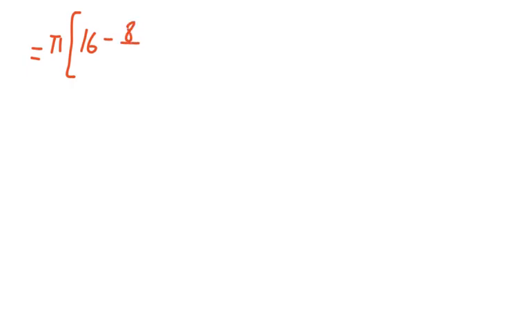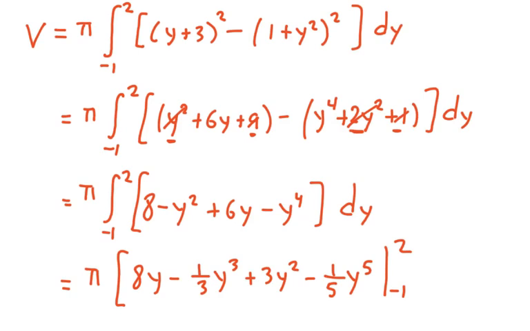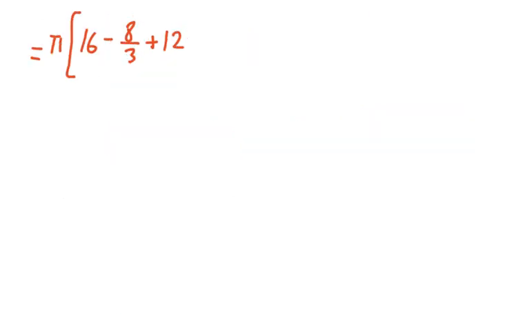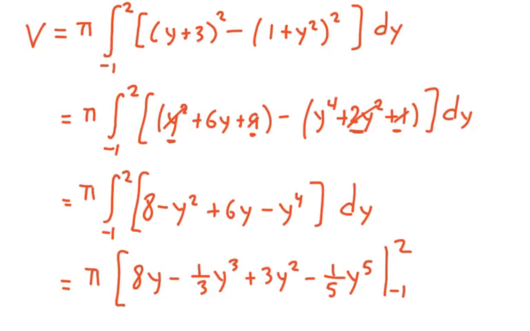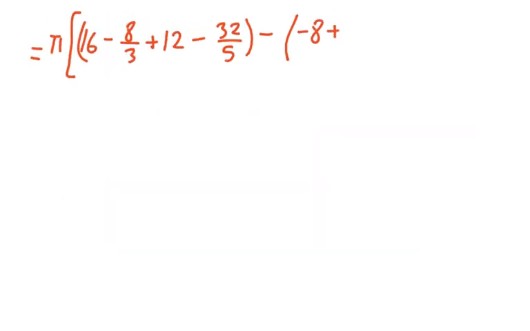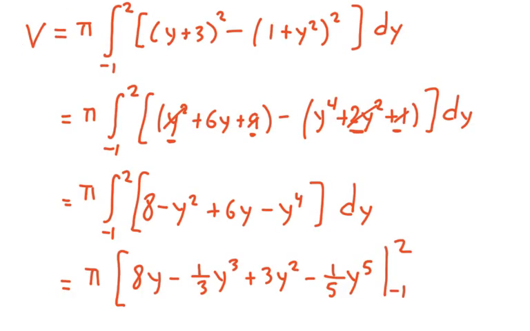And then when I plug in 2 here, I get minus 32/5. And then I'm going to go minus, and I'm going to plug in -1, and I'm going to get -8 plus 1/3 plus 3 so far, right? I just plugged in -1 for y. And then when I plug in -1 over here for that last term, I get plus 1/5.